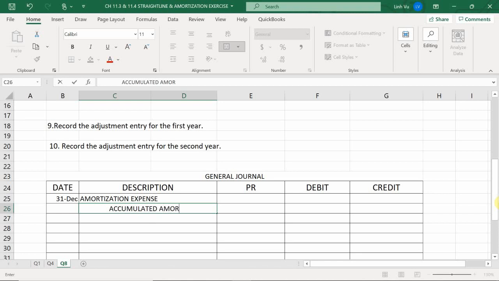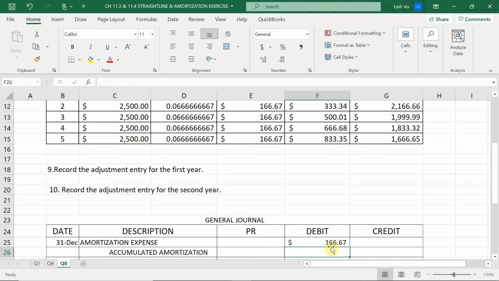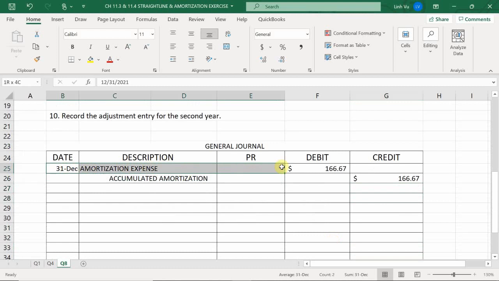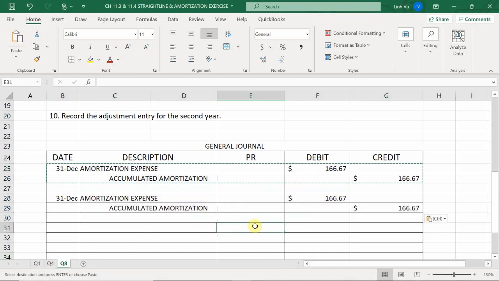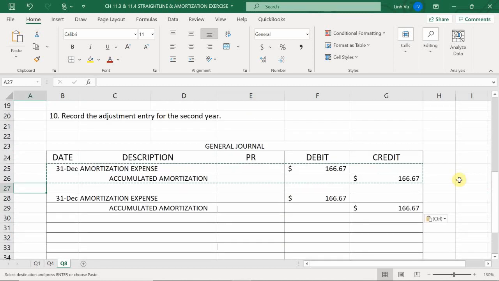Good. Okay. For how much? 166.67. And then for year 2, it will look identical to year 1. Okay. All right. Good job. Any questions in regards to straight line and amortization? No.